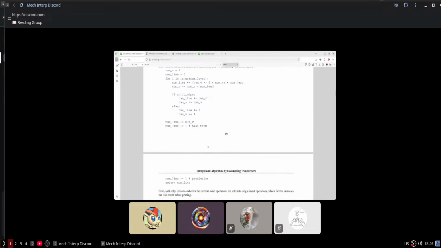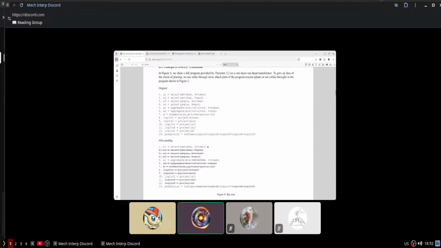So number of layers, okay, so the original token. Okay, so it is doing the thing, but maybe it's with more layers. I still don't get what the exponential number of lines is supposed to be, right?